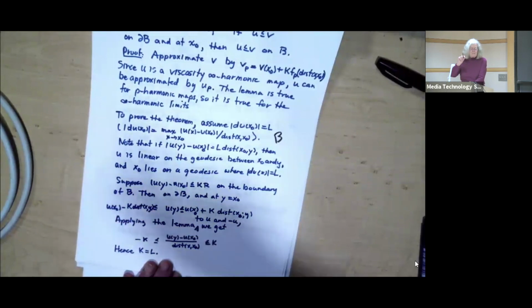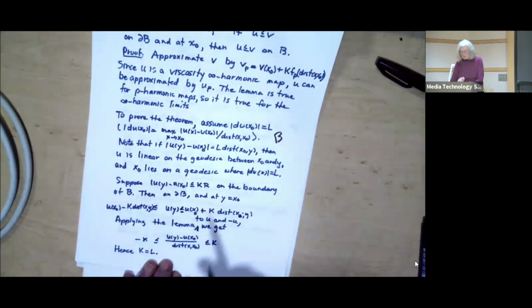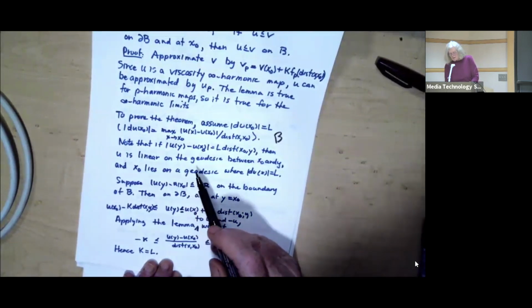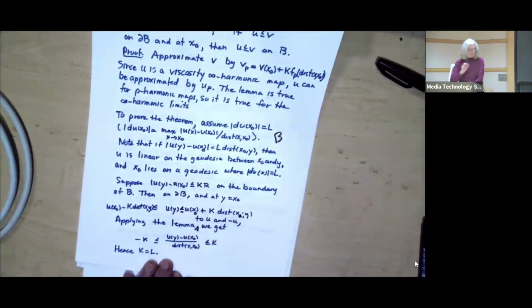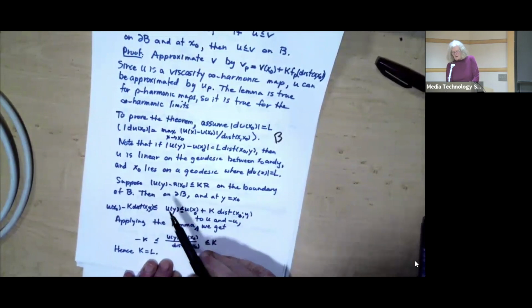You're at the maximum allowed, so you can't slow down or go faster at any point. You have to actually go constant along this. The Lipschitz constant is going to be L on that geodesic, and so you have a piece of the geodesic.